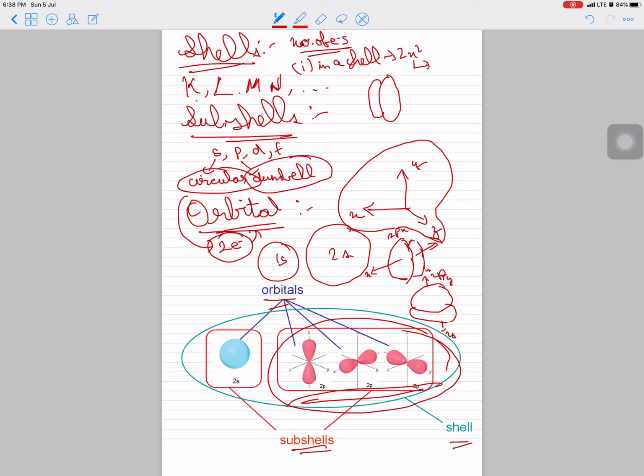Now n is the principal quantum number, or what you can call the shell number, which is way easier. Now the second one, this is an important formula, and this is intuitive from the first. In a subshell, you have n squared number of electrons.